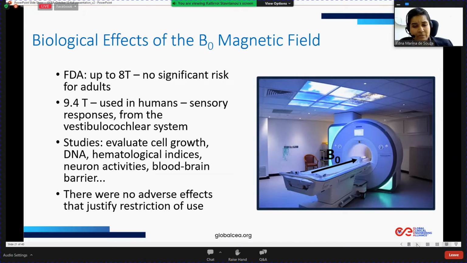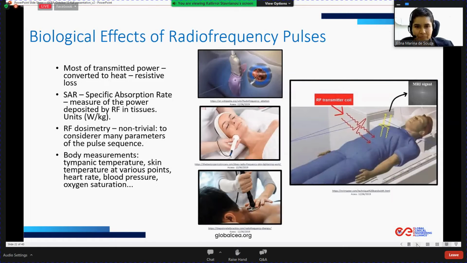But until now, there are no adverse effects that justify a great restriction of MRI use. Next, please.